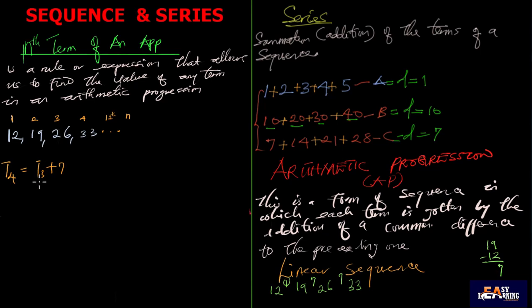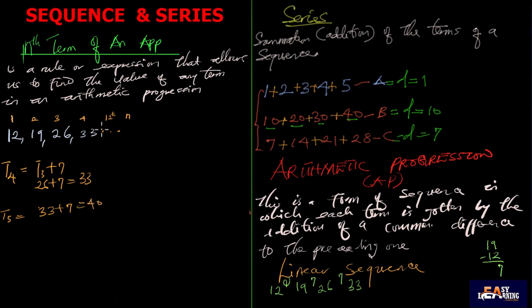The third term here is 26, 26 plus 7, and that gives us 33. Great. Now, for us to have the fifth term, what do you think we are going to do? We are going to add the common difference. That is 33 plus the common difference. The common difference is 7, and that will give us 40.